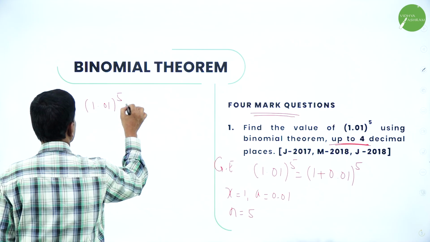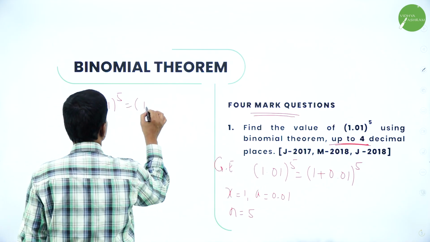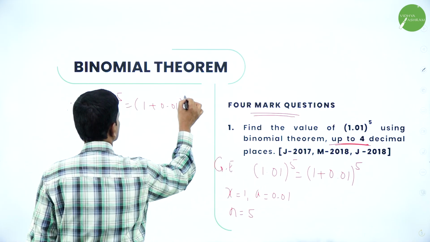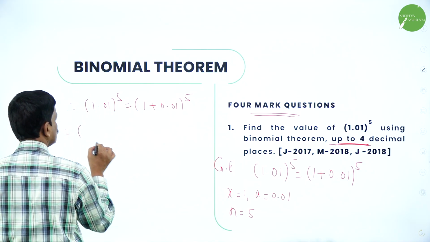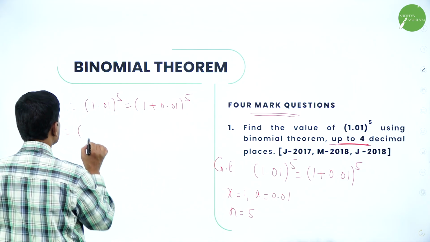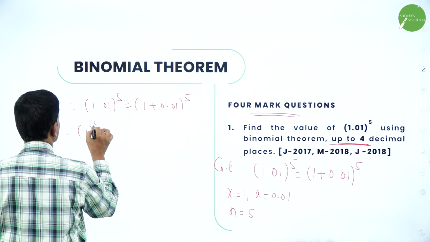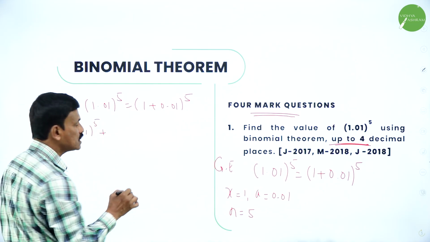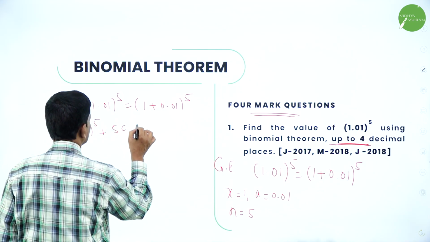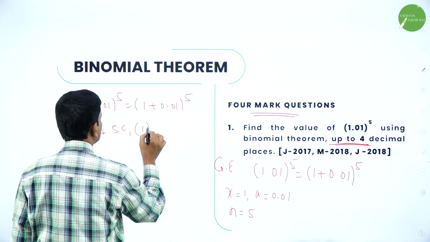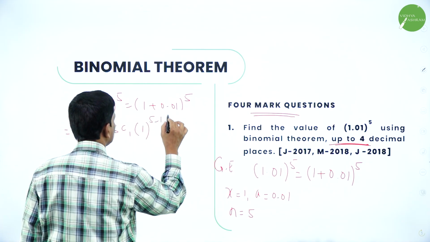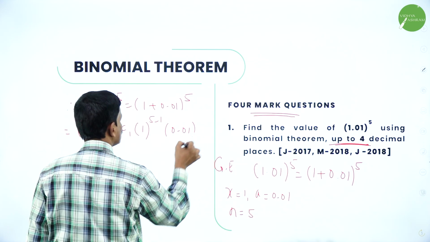Therefore 1.01 to the power of 5 is nothing but (1 plus 0.01) to the power of 5. Using the formula, x raised to n, that is 1 to the power of 5, plus 5C1 into 1 to the power of 5 minus 1 into 0.01.